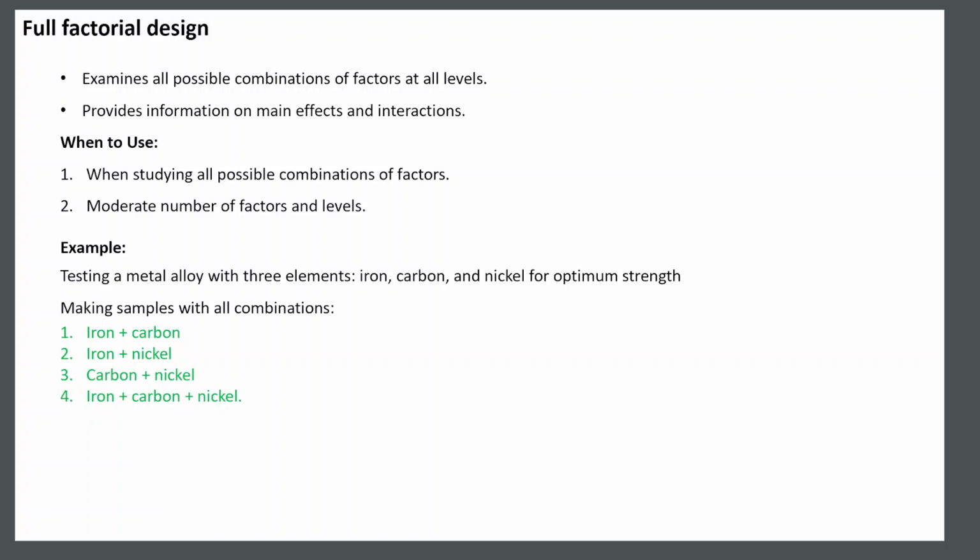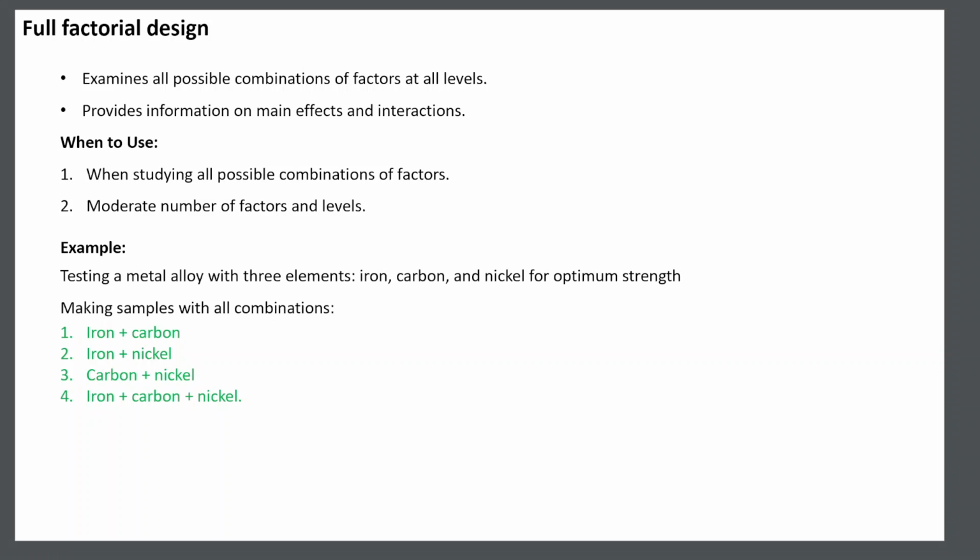When studying all possible combinations of factors, and when we have a moderate number of factors and levels, we use the full factorial design. If we have many levels and many factors, then this process might be highly expensive and complicated to conduct.